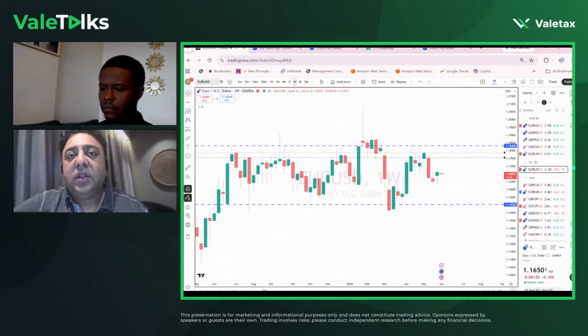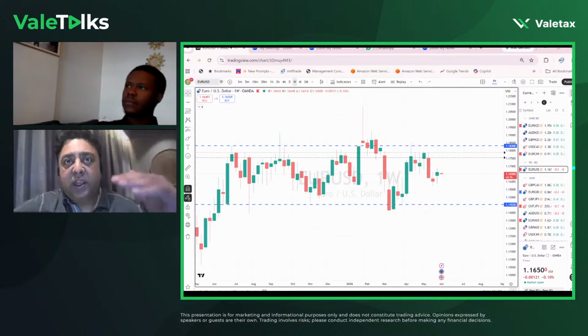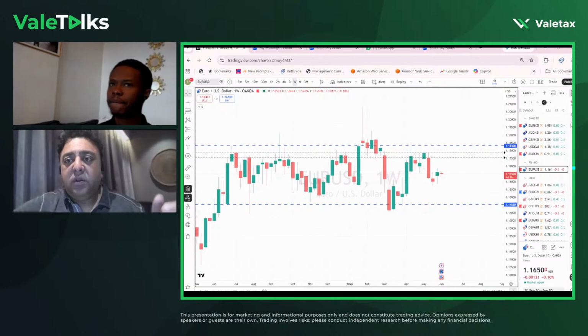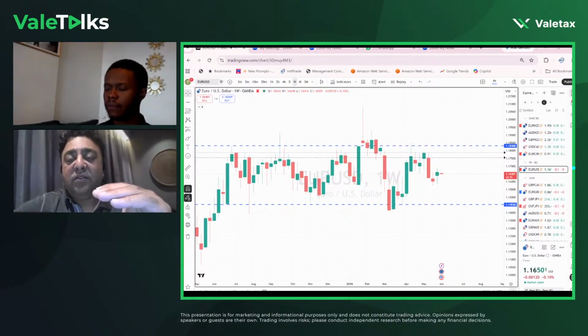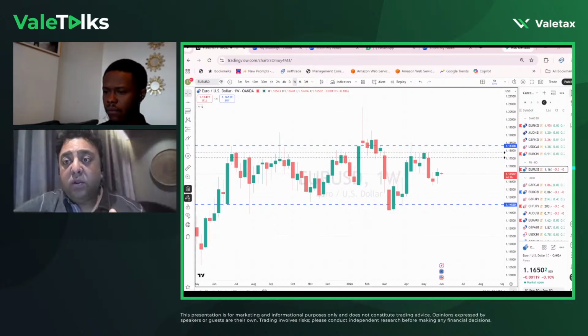So if you really look at the hierarchy of the market participants in the currency market, for example, you have central banks first, then commercial banks next, hedge funds, asset managers, corporations, and retail. So that's how the hierarchy of volume of the trading works. The central banks have the biggest influence.